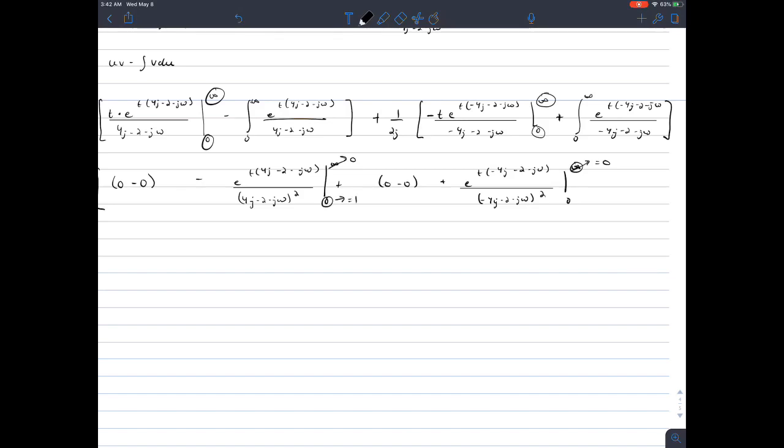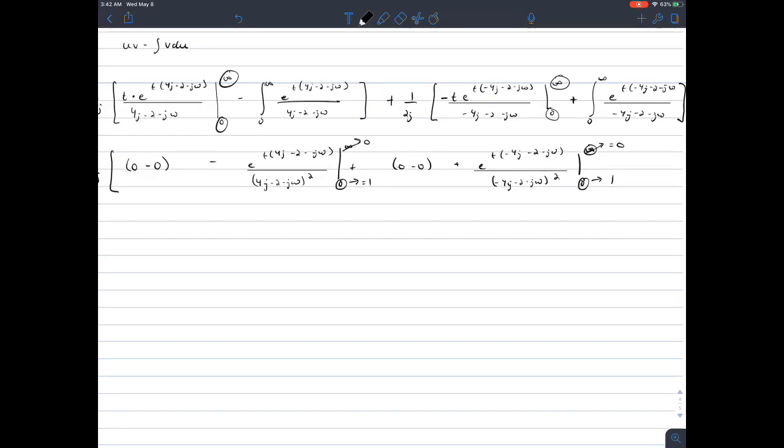But when you plug in the 0, you'll get 1. You get 1, okay? So then it's going to be minus 0 minus 1 all over (4j minus 2 minus j omega) squared, plus 0 minus 1 all over (negative 4j minus 2 minus j omega) squared.